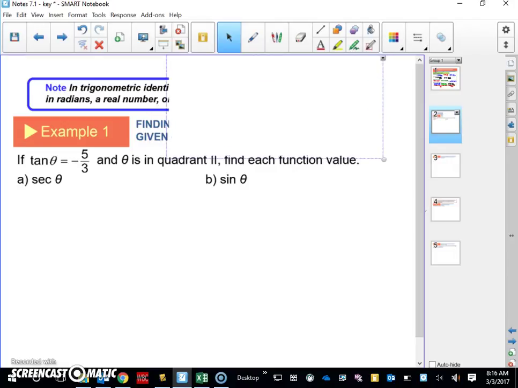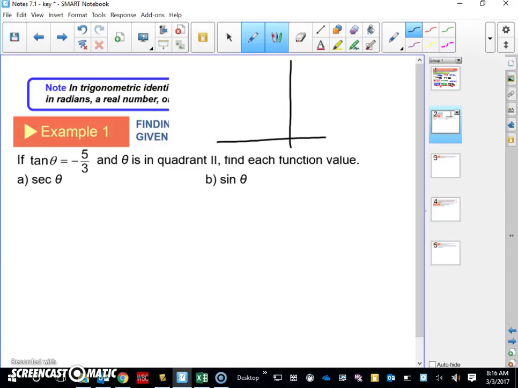When you see tangent theta equals -5/3 and theta is in quadrant 2, what we did was we drew a picture in quadrant 2. I don't know if you remember this. In chapter 5 we did some, and in chapter 6 I believe we did some again. We draw an angle in the second quadrant. Since we know tangent is y over x, we could fill in the y side of the triangle and the x side of the triangle.